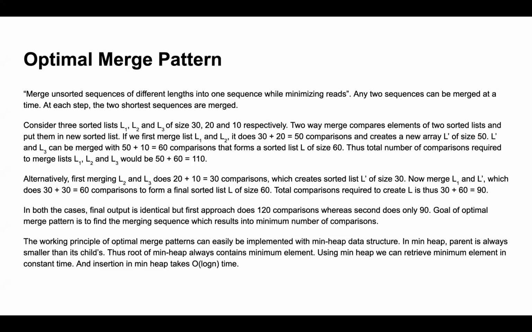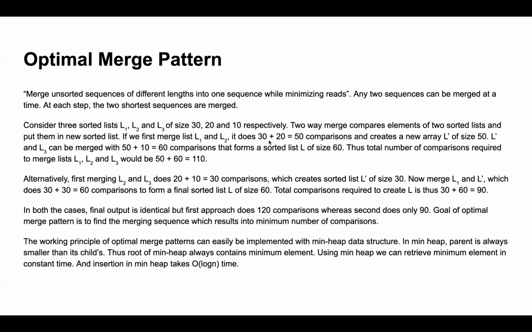Then L dash and L3 will be merged, and 50 plus 10 is equal to 60 comparisons will be there, and L, the total list, will be sorted with a size of 60. Thus, the total number of comparisons required to merge lists L1, L2 and L3 would be 50 plus 60 is equal to 110.